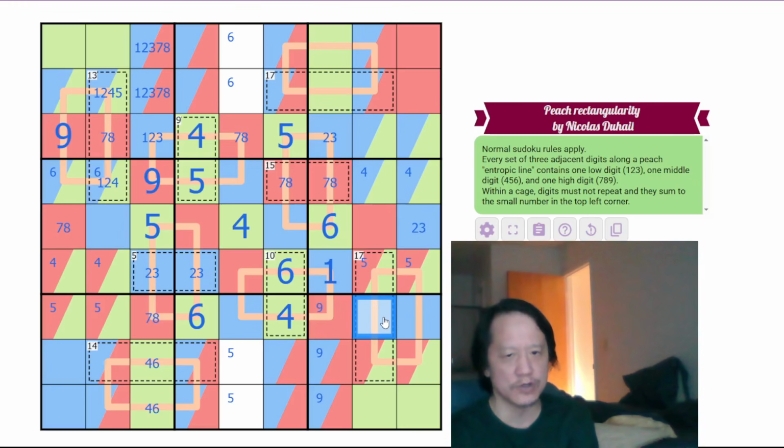The answer is no. So this is 2 or 3 here. 2 would have to be with 6 and 9. And 3 could be with 5 and 9. So we could have 6 and 9. No 6 here. Or we could have 5, 9, or 7, or 6, 8. With the 3.